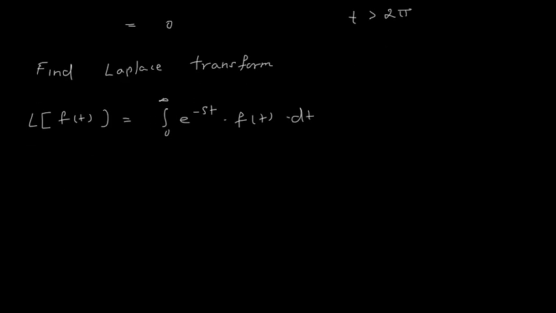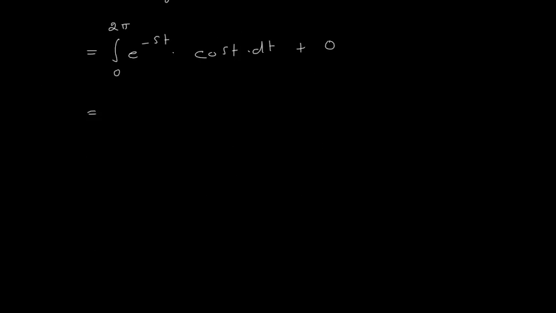So here we will split this into the part 0 to 2 pi, which is e raised to minus st into f of t, that is cos t, into dt, plus the second part, which is 0. So we have to implement this much part only. So this is e raised to minus st. We have seen the formula of integration.